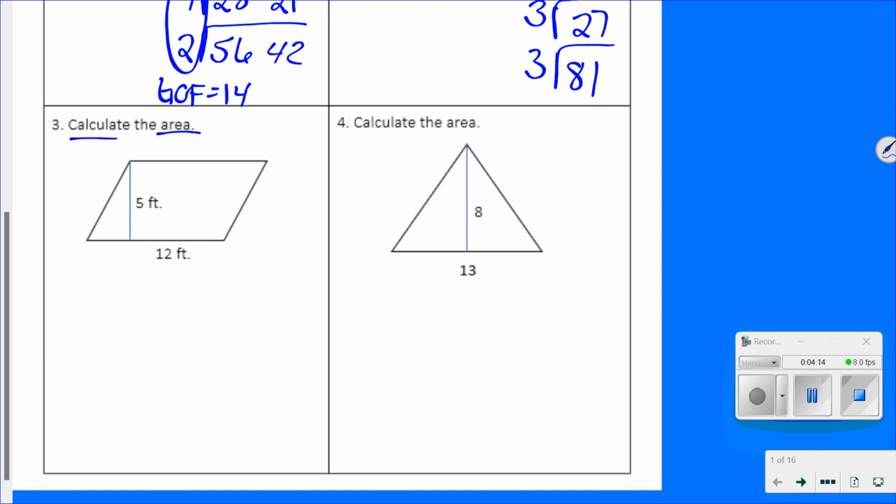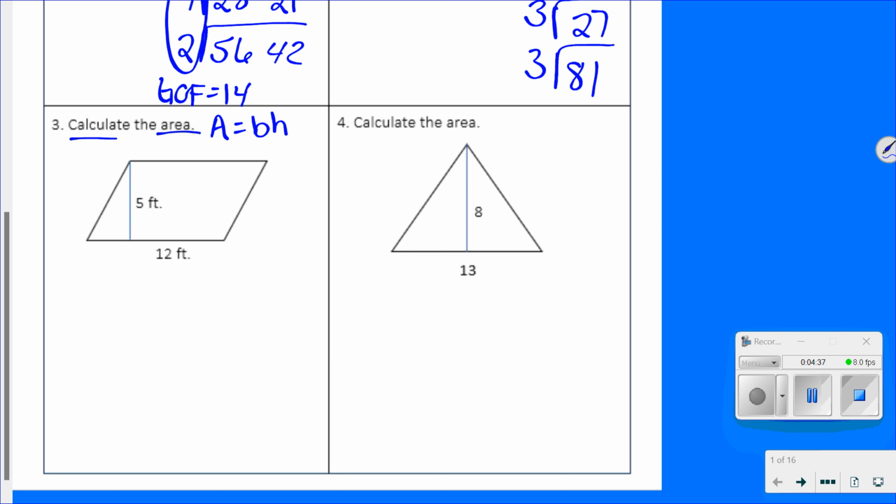So what is my area formula for a parallelogram? Vivian? Our area equals base multiplied by the height. If you are not writing down your formula first, you need to write it down. Before we even start doing any calculations, write down your formula.